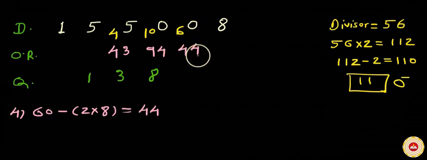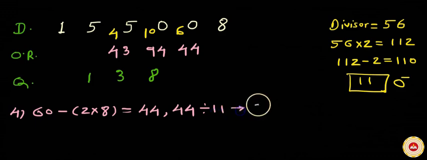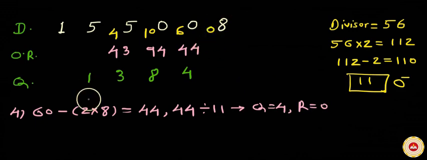This 44 is the third osculation number. Now divide this osculation number 44 by the osculator 11, which gives us quotient 4 and remainder 0. So write quotient 4 below 44 and remainder 0 as a prefix to the next digit, which is 8.